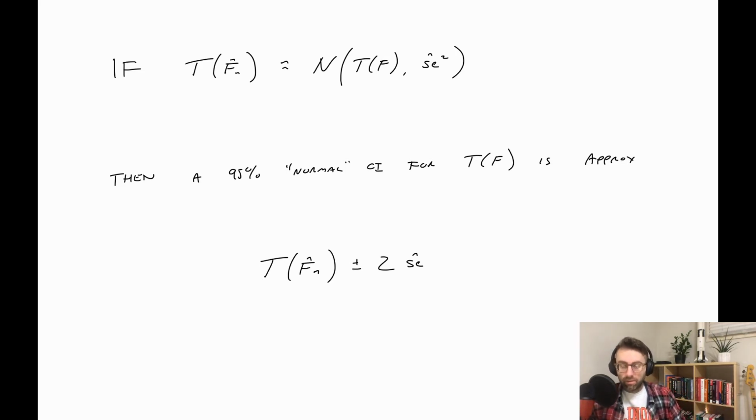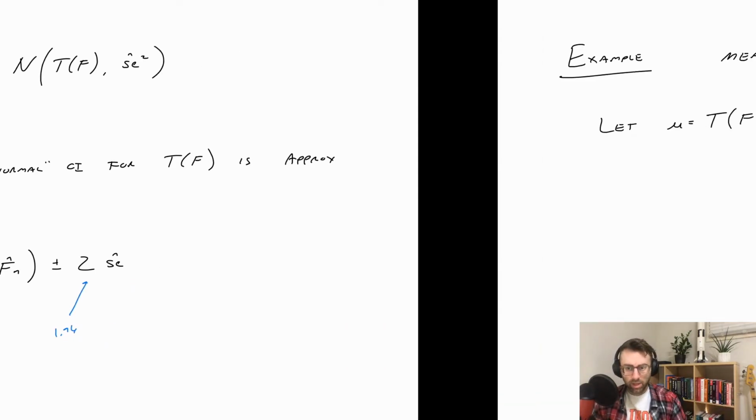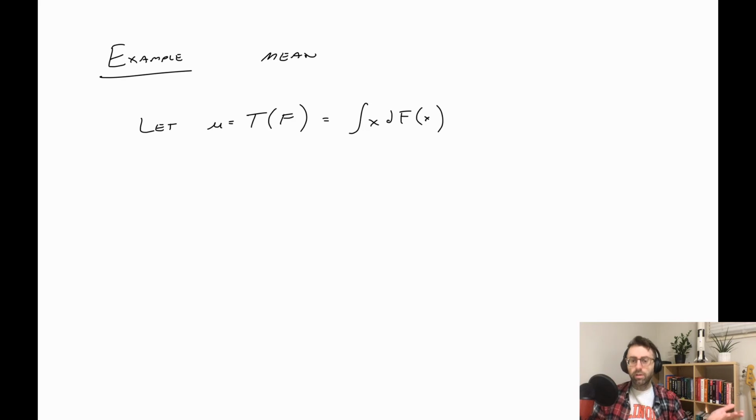If the functional applied to the empirical distribution can be approximated by a normal distribution with the appropriate parameters, importantly where the mean is the thing you're trying to estimate, then a 95% normal CI, that idea that we talked about last time, is going to be approximately the functional applied to the distribution plus or minus 2, where 2 is 1.96, times the estimated standard error. I think you'll see where we're going when we look at the examples.